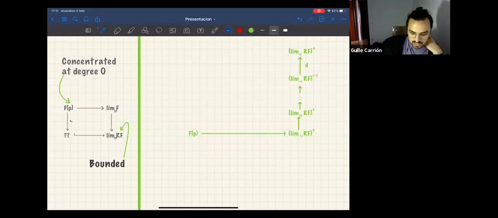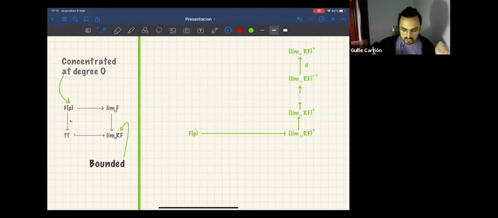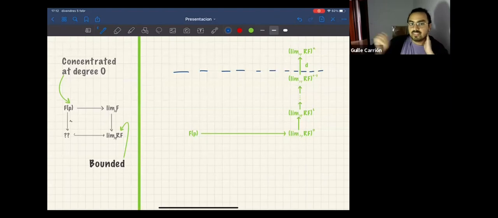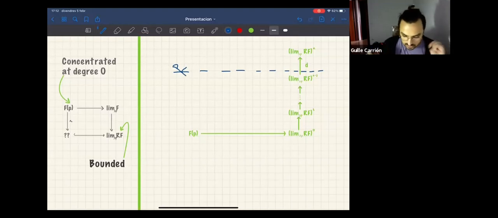So now look at your table and take your favorite scissors and cut the functor, the diagram, by the dashed line here. I'm not good at drawing, sorry.